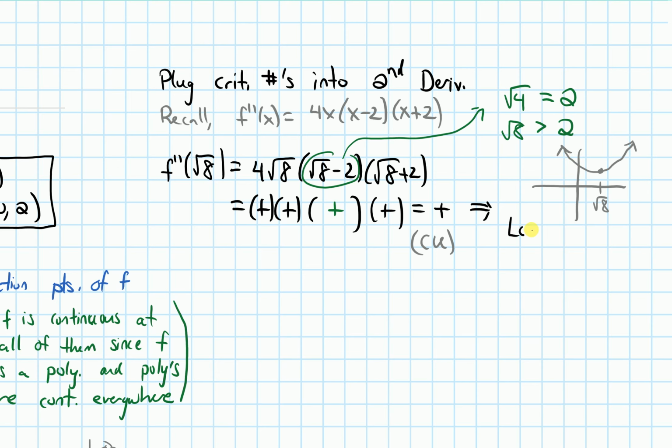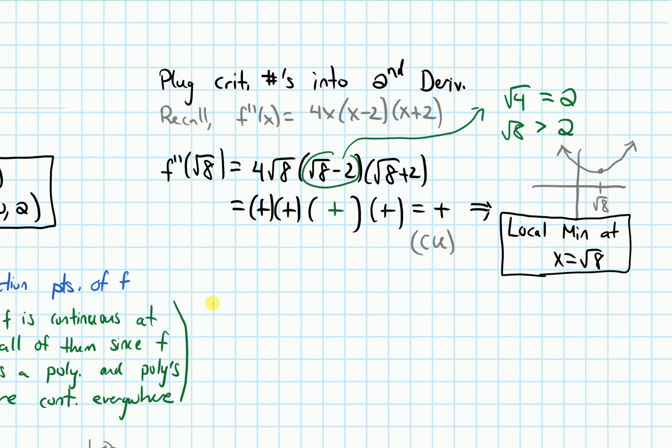So there is a local min at x equals root 8. And the second derivative test says exactly this: when the second derivative is positive at our critical number, then we have a local min there. But again, having this visual idea of what the picture looks like helps us not have to memorize.